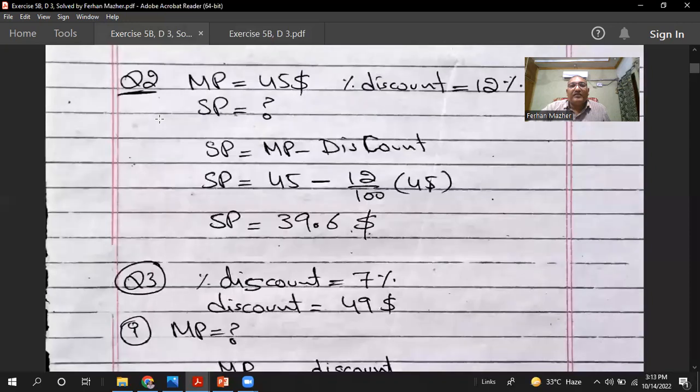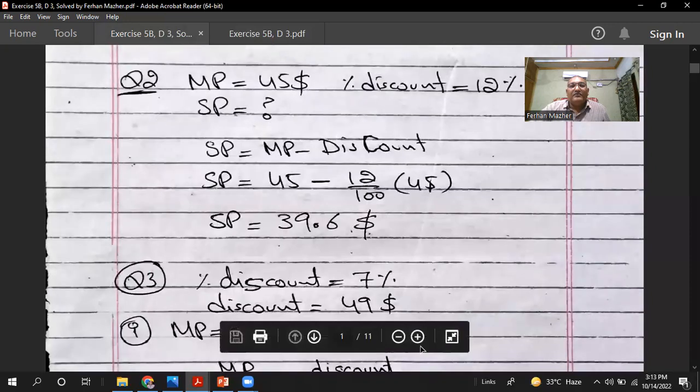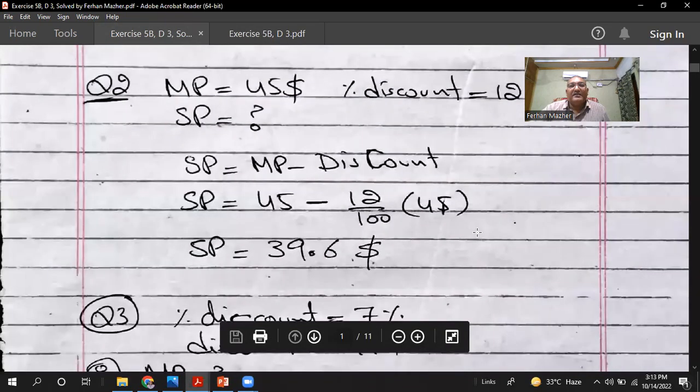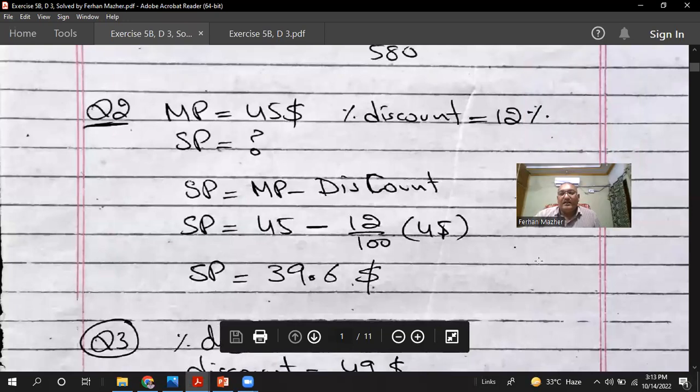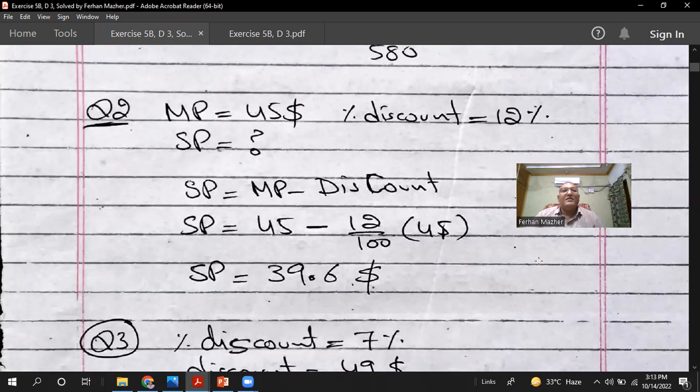So here we go. You can see here, the mark price is $45, percentage discount is 12%, the sale price is the question. The sale price is equal to the mark price minus discount.